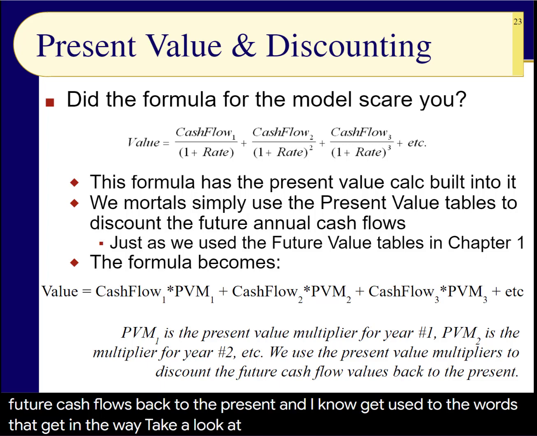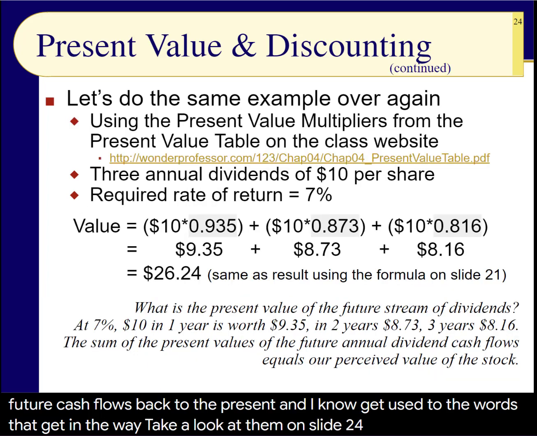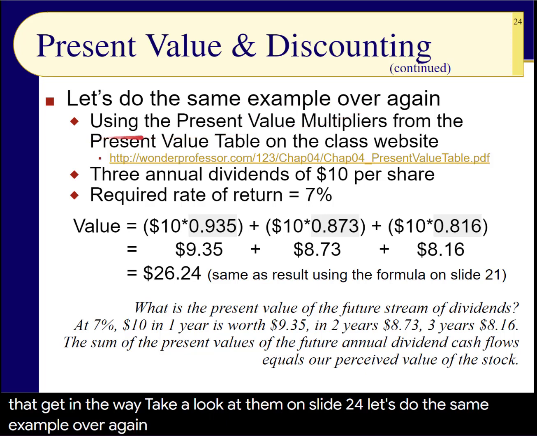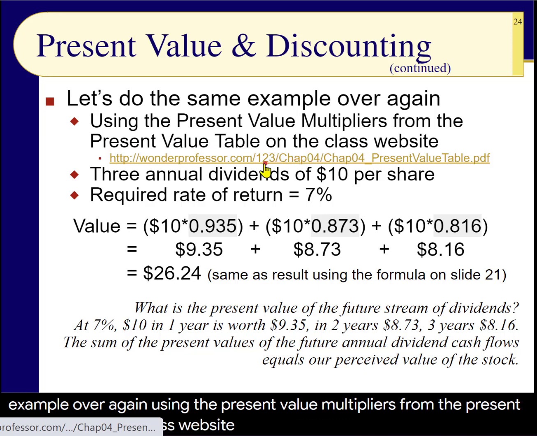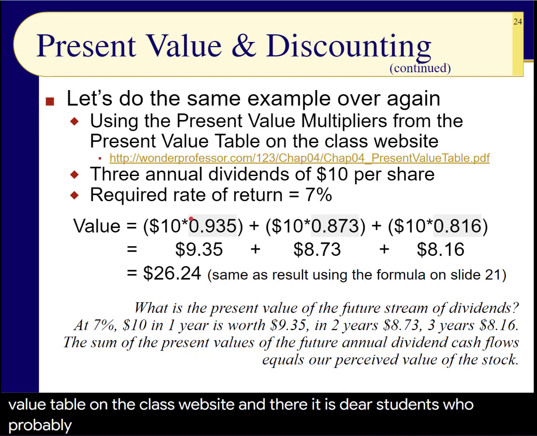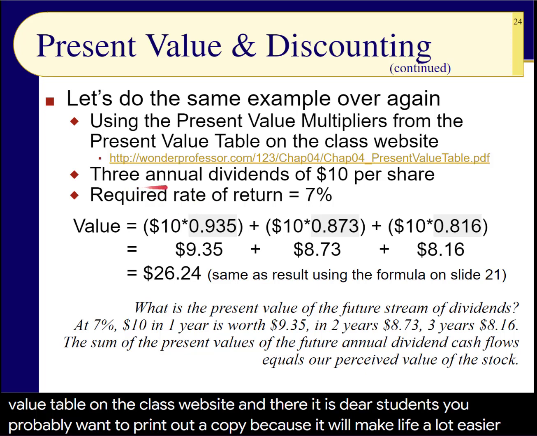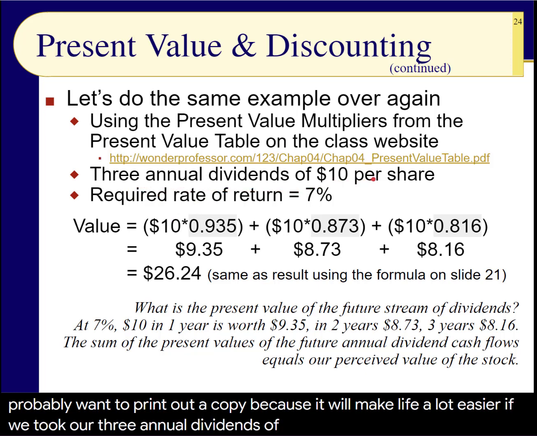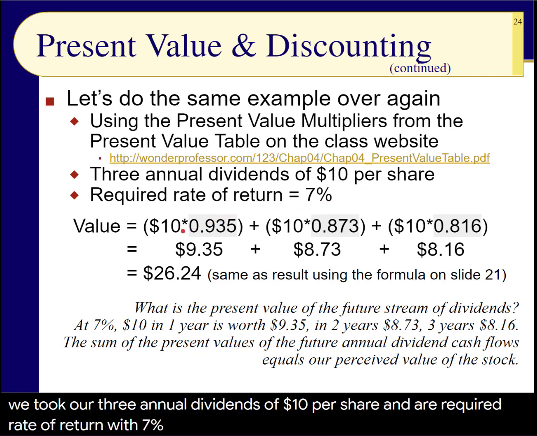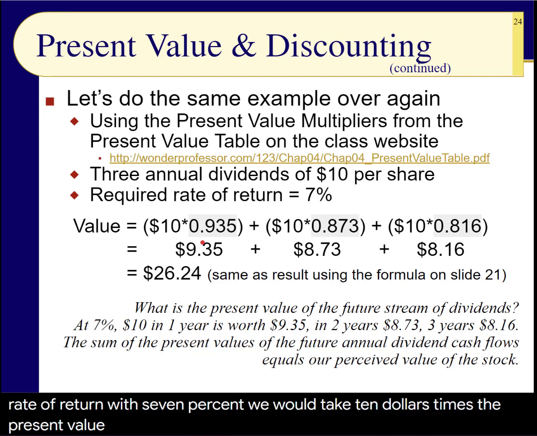Let's take a look at them on slide 24. Let's do the same example over again, using the present value multipliers from the present value table on the class website, and there it is, dear students, you probably want to print out a copy because it will make life a whole lot easier. If we took our 3 annual dividends of $10 per share and our required rate of return was 7%, we would take $10 times the present value multiplier for year number 1 at 7%, 0.935.